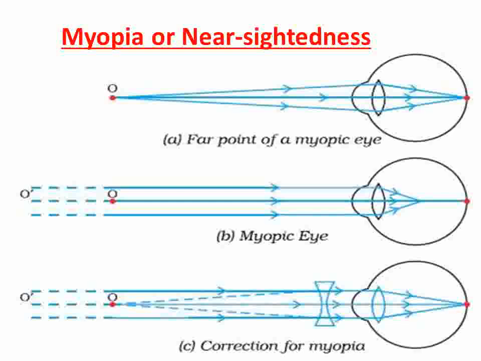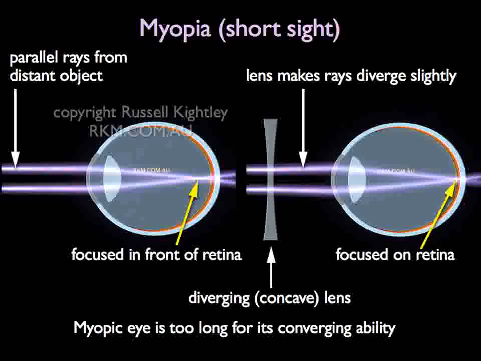This virtual object at point O behaves like a real object for the eye lens, and finally the image is formed at the retina. Here the diagram shows how rays are coming and how they are focused using a concave lens and the eye lens, that is a convex lens.